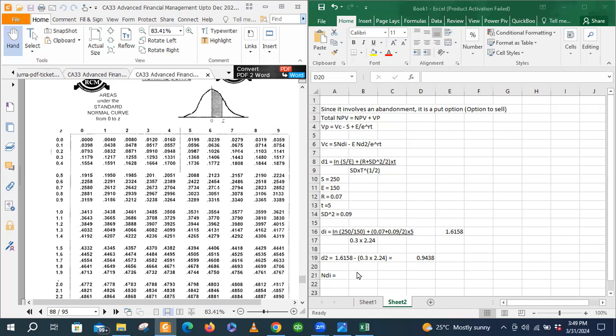Yes. So therefore, our N(D1) becomes 0.5 plus, because the shaded region is only the quarter, so we take 0.5 plus what we get in that quarter. So it is 1.62.